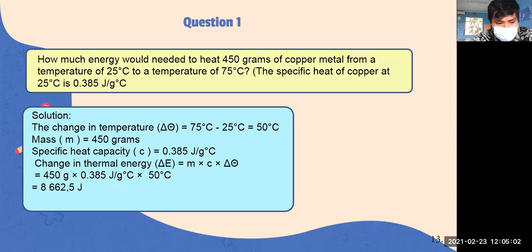Change in thermal energy equal to mass times specific heat capacity times the change in temperature equal to 450 grams times 0.385 joules per gram degree Celsius times 50 degrees Celsius equal to 8,662.5 joules.